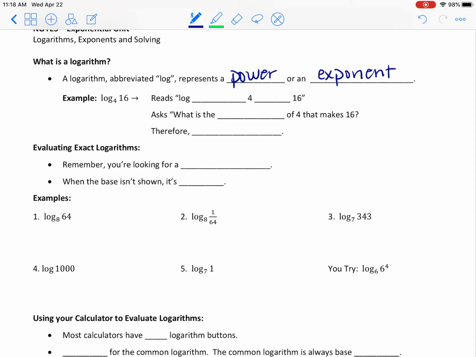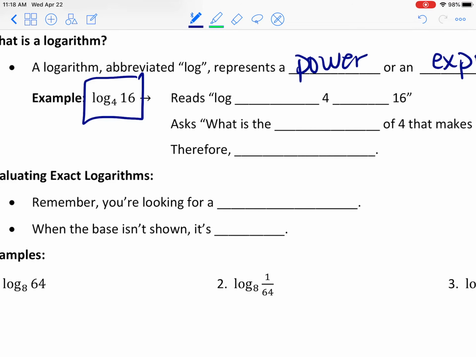So a logarithm, which is abbreviated log, just represents a power. An exponent is another word for a power. So when you're looking at this expression here, first of all, how do you read it? I see a lot of people want to say, oh, log 4 of 16, but that technically isn't correct.